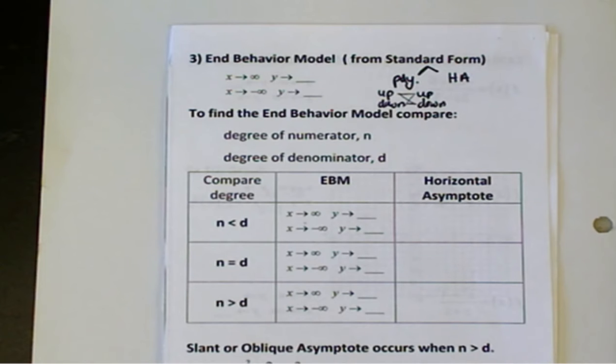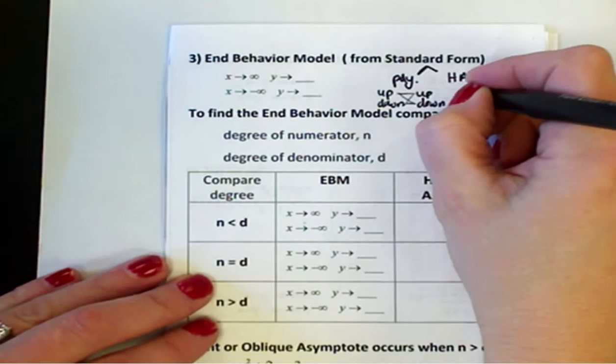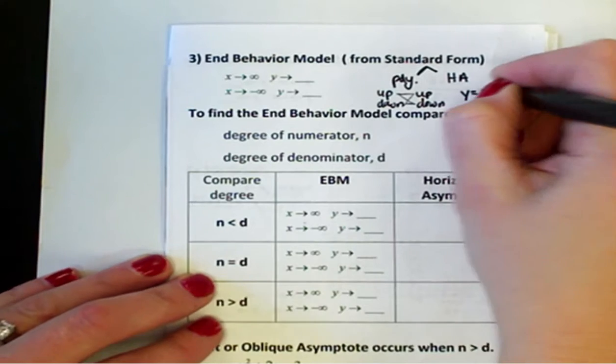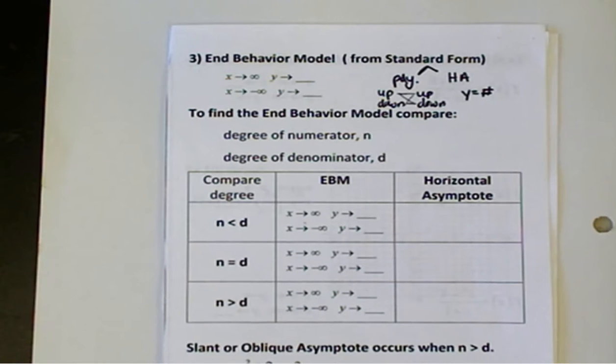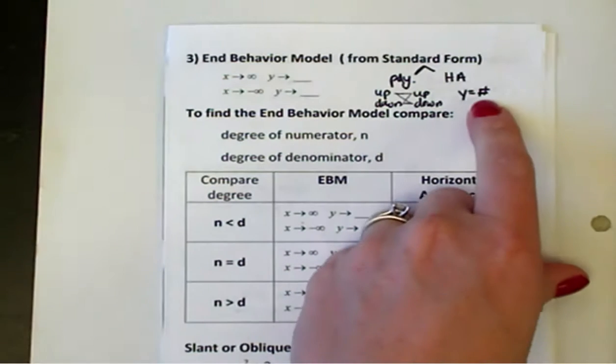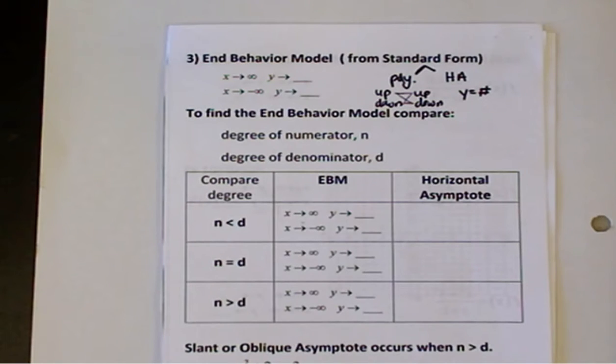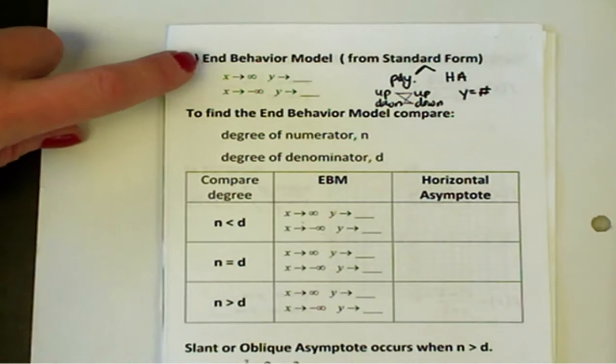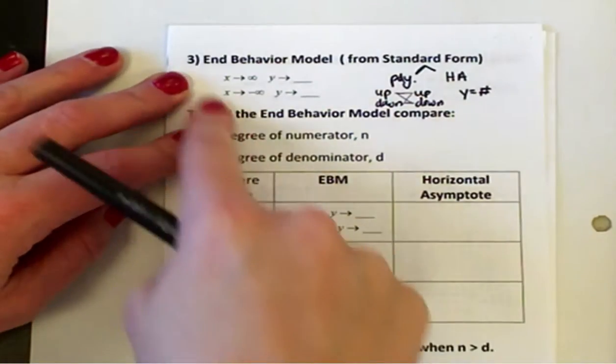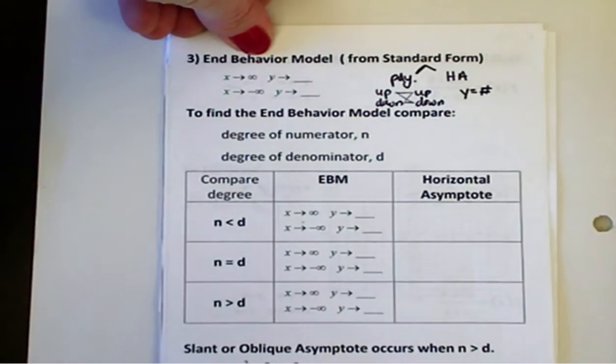Different category. Sideways. This happens to be a number. But the big title is end behavior. All we're doing this unit is adding a little subset that turns into a horizontal asymptote. But this is the description. This infinity statement, that's the end behavior model.